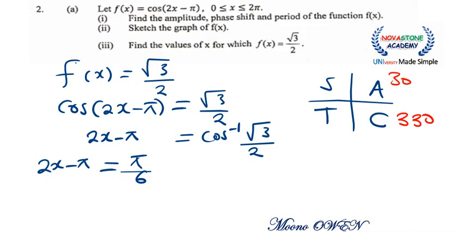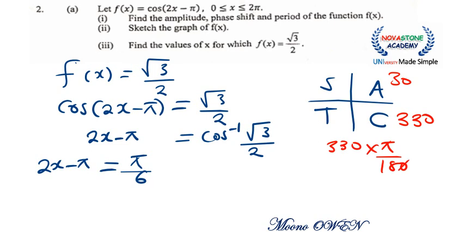Okay, so what are the two answers that we are going to have? Now 330 in terms of pi, you also have to make sure that you convert it in terms of pi. So 330 multiplied by pi over 180.